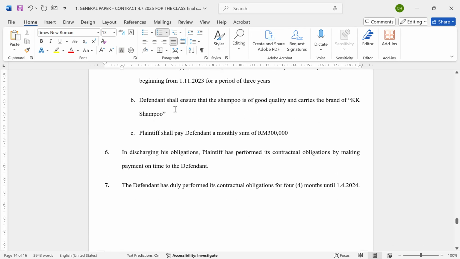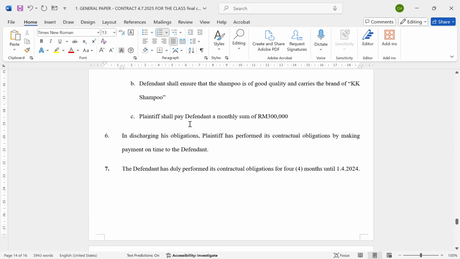B. Defendant shall ensure the shampoo is of good quality and carries the brand of KK shampoo. And C. Plaintiff shall pay a monthly sum of 300,000 ringgit to defendant. Okay, be very clear.